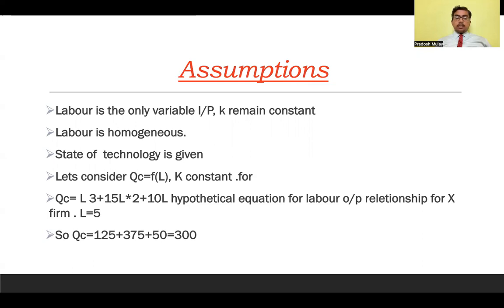Let's consider Q = f(L), K constant, for Q = L^3 + 15L^2 + 10L. This is a hypothetical equation for the labor output relationship for X firm. For L = 5, Q = 125 + 375 + 50 = 300.